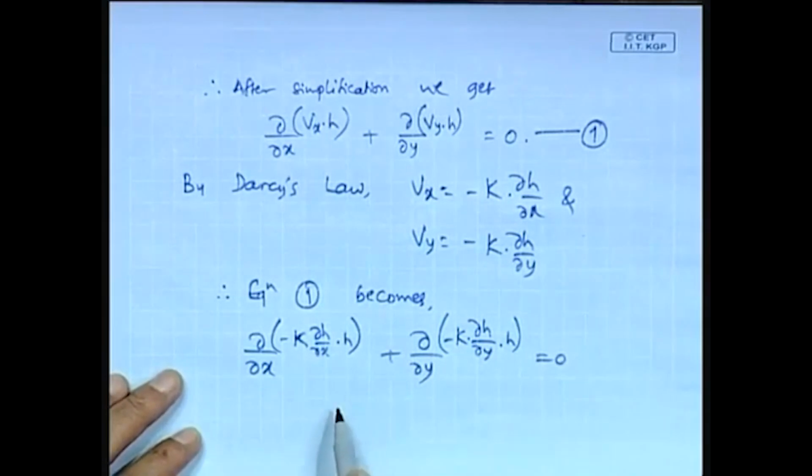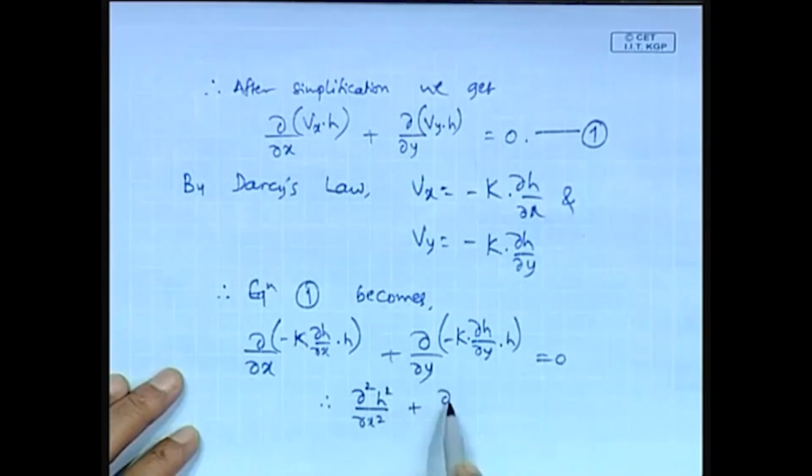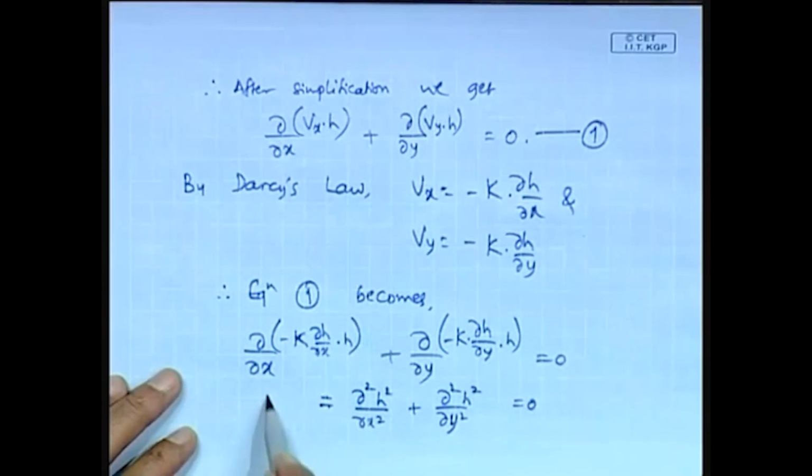So, therefore, we are left with d square by dx square of h square plus d square by dy square of h square is equal to 0, and you can denote this as del square of h square.